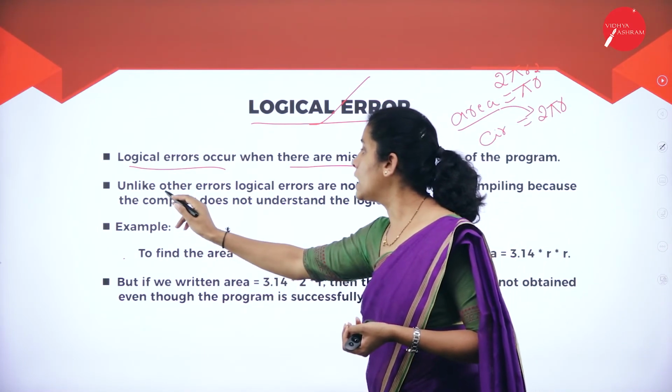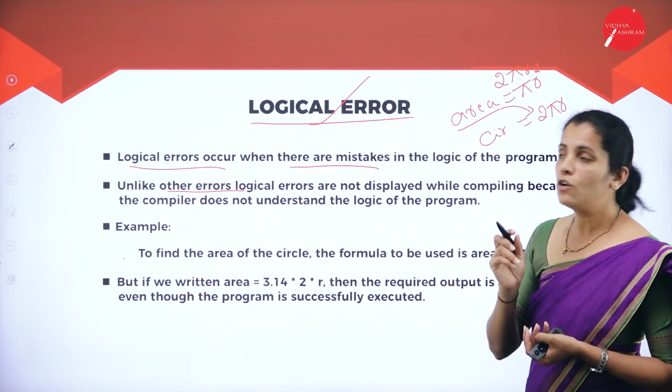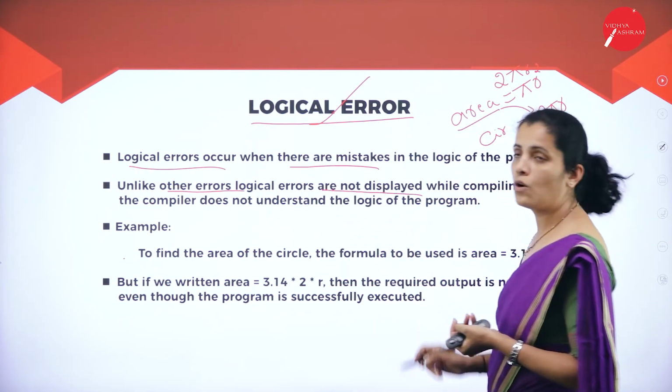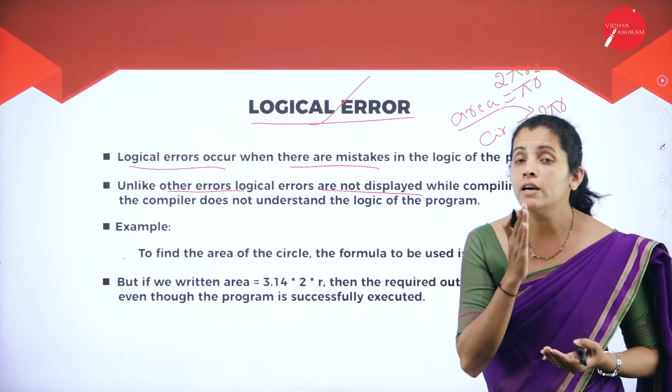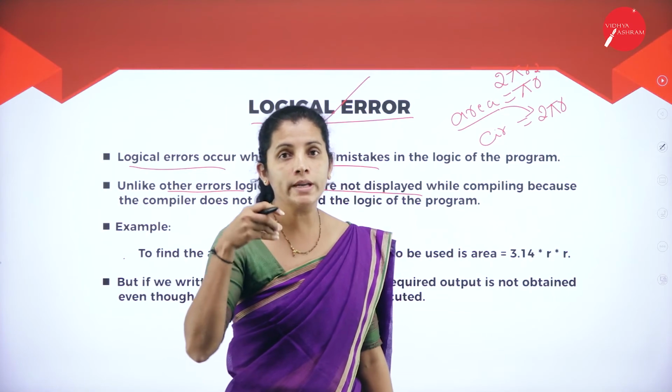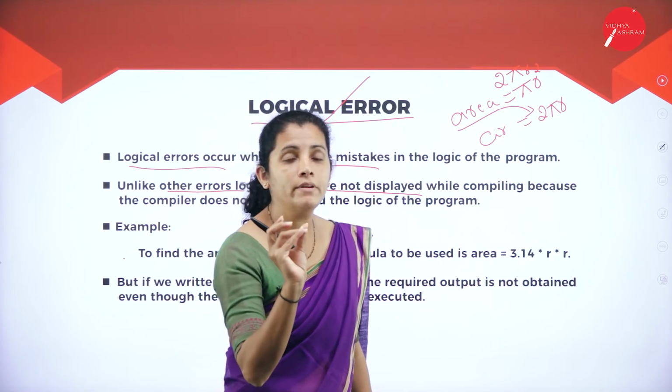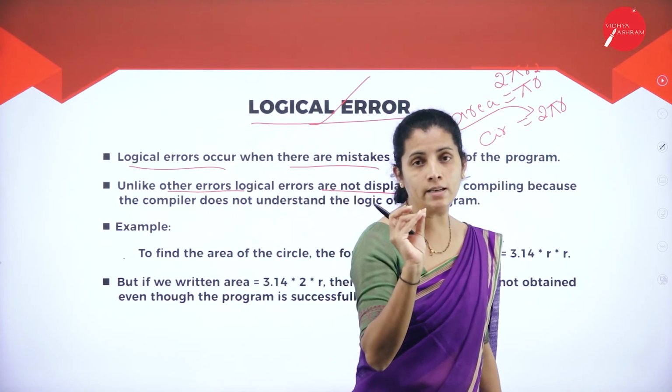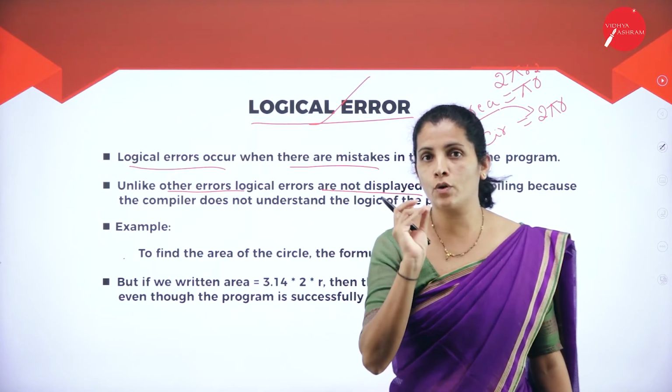So that result itself called logical error. Unlike other errors, logical errors are not displayed. That means here we are not going to get any error message. We are going to get the output, and whatever the output we are going to get, that output itself is wrong.